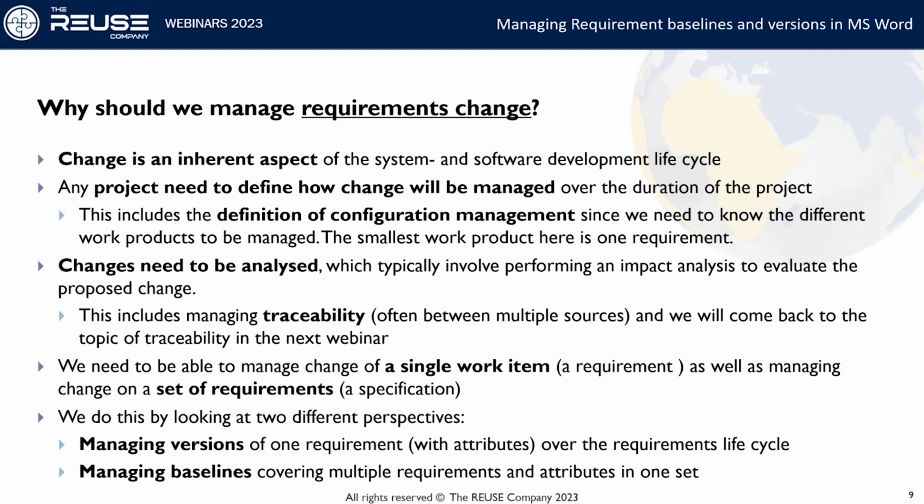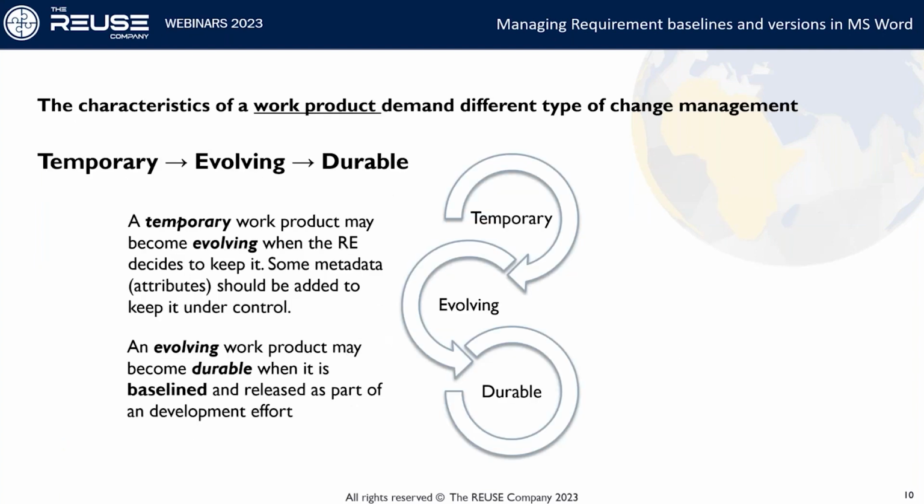So when we look at these two different perspectives, we need to manage versions of one requirement, including their attributes, and that's of course over the requirement's lifecycle. And then we would like to have baselines, so we can have what is called some kind of stable point in the project endurance, so that we can cover multiple requirements and attributes in one set, so we know where we are. And I will talk about baselines in a short while.